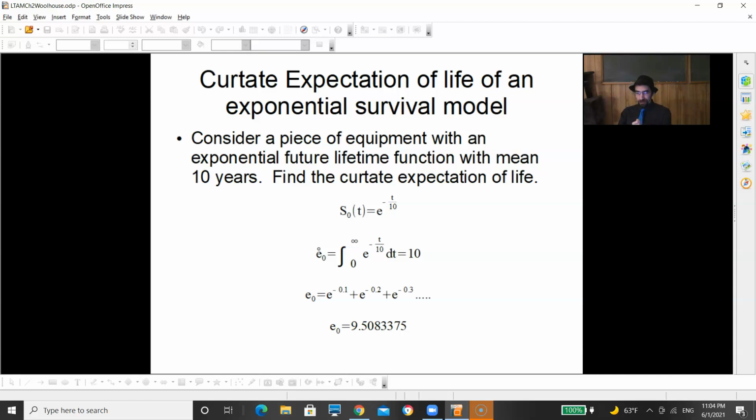The reason I'm reporting it to that many significant figures is because that's about how many you need to get a sense of the scale of the error in the approximation technique that I'm about to mention. Whenever you do an approximation, there's going to be some error. The error is small enough that you really do need that many significant figures to get a sense of how big the error is.